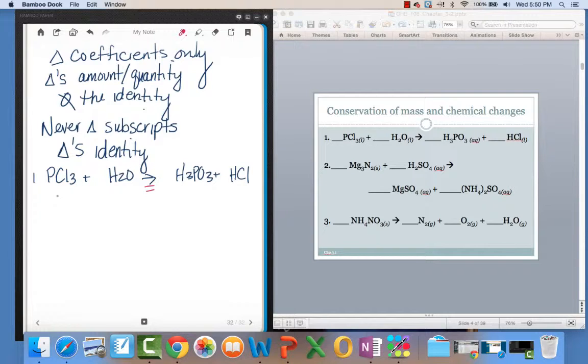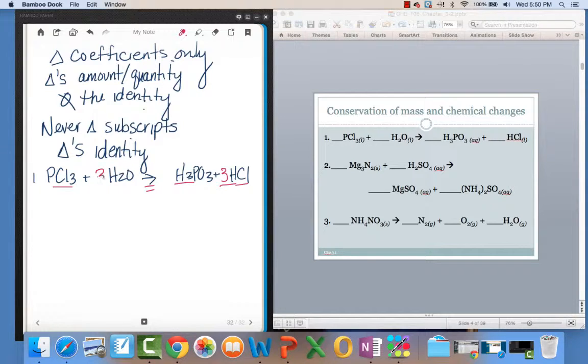So I'm going to pick Cl, only because it stands out obviously to me that there's 3 here and 1 here. So I'm going to put 3 here. And I have 1 P and 1 P, I'm good. But now on the right side of the equation I have 3 H's here and another 3 here for a total of 6.